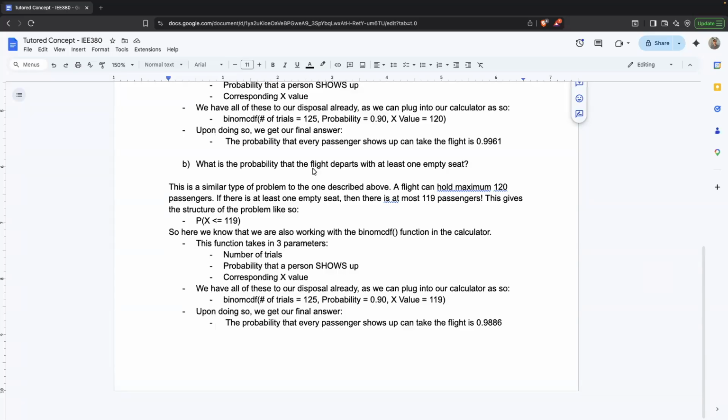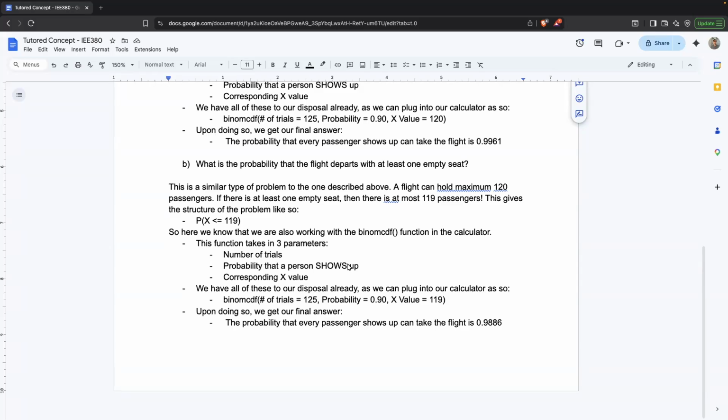Since it's asking for the probability that the flight departs with at least one empty seat, the maximum number of passengers the flight will hold in this circumstance is 119, since at least one empty seat implies that one person's not on the flight. There can obviously be many more empty seats, but at the very least, there will be one, which implies at most 119 passengers.